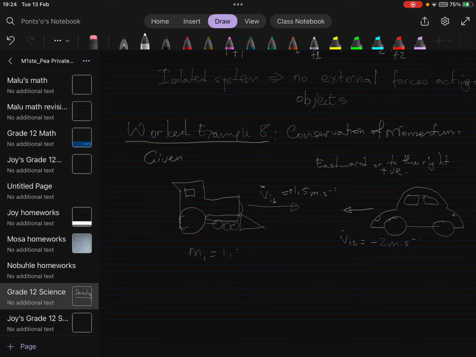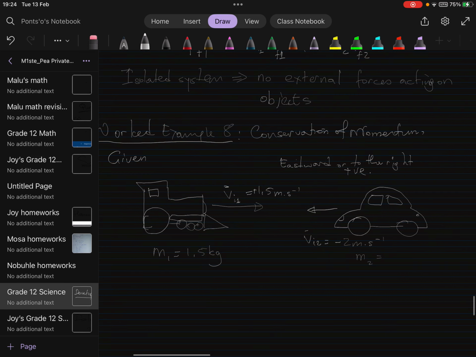Right. We're given the mass of the toy train, and its mass is 1.5 kilograms. And we're also given the mass 2 of the toy car, and the car's mass is 1 kilogram. Right.